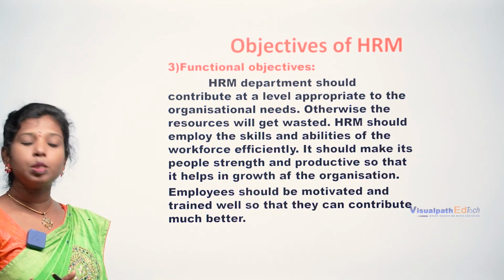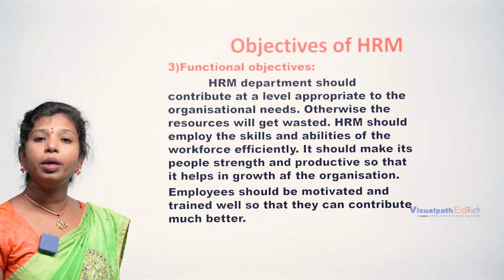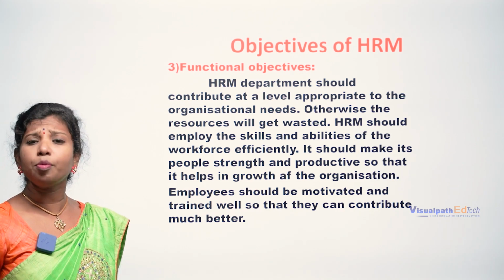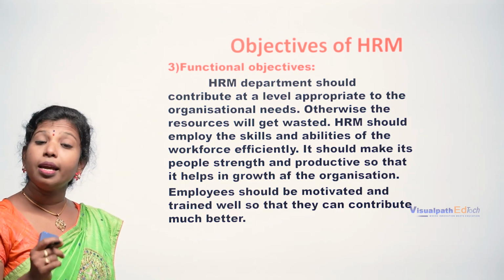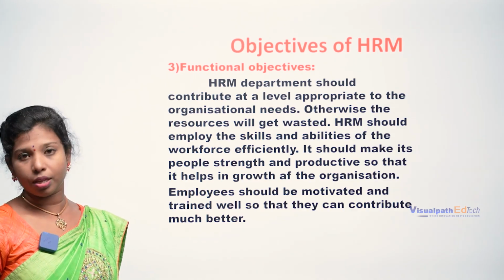Maybe it is an employee, or a raw material, or any machinery, technology or equipment, whatever it is, we have to use each and every resource in an optimum way, without any wastage.